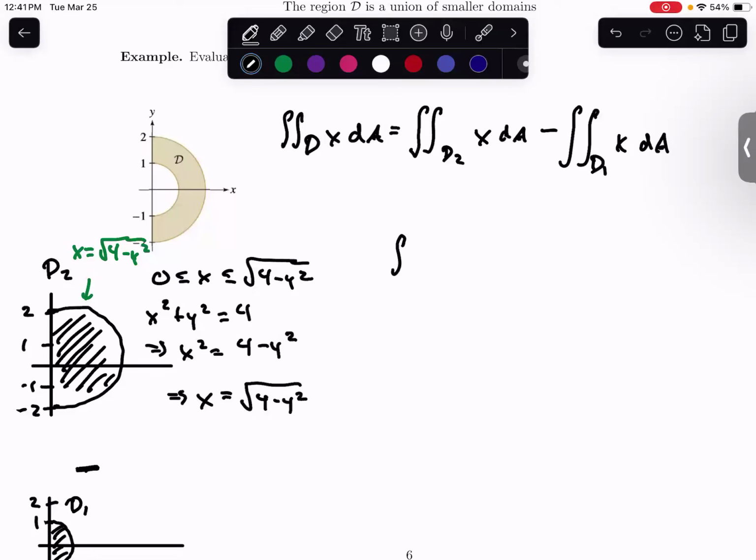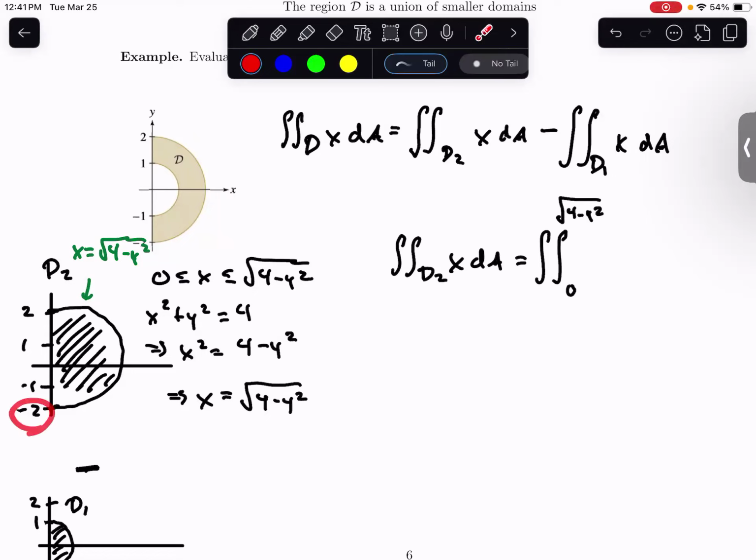So the integral over D2 of x is equal to the following double integral. x is bounded between 0 and the square root of 4 minus y squared, and y is bounded between -2 and 2.